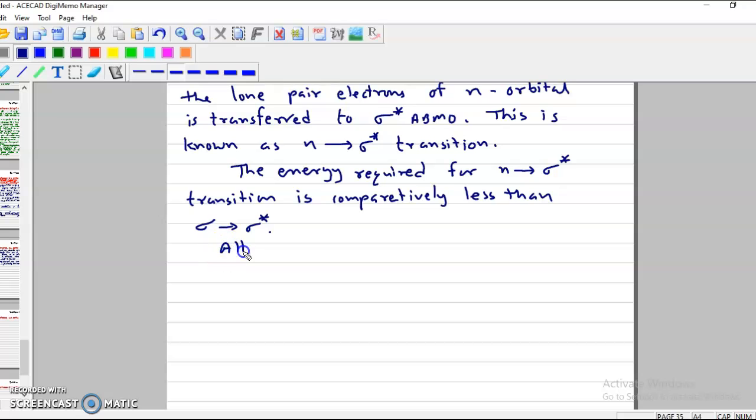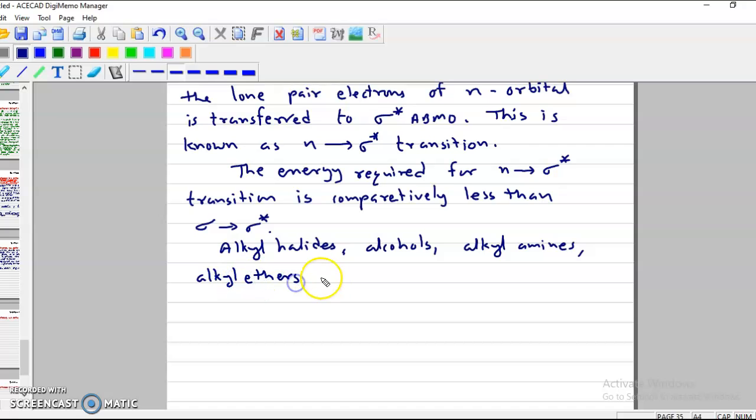So alkyl halides, alcohols, alkyl amines, alkyl ethers, etc. show n to sigma star transition.